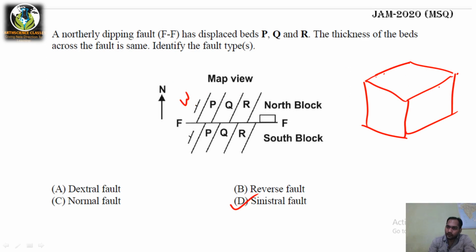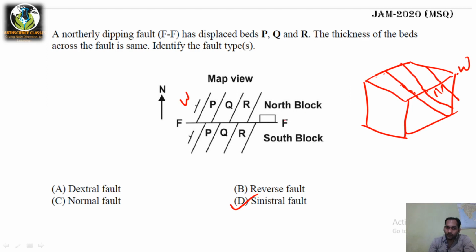Let's say this is your north side. The beds are like this, and they are dipping towards the west.